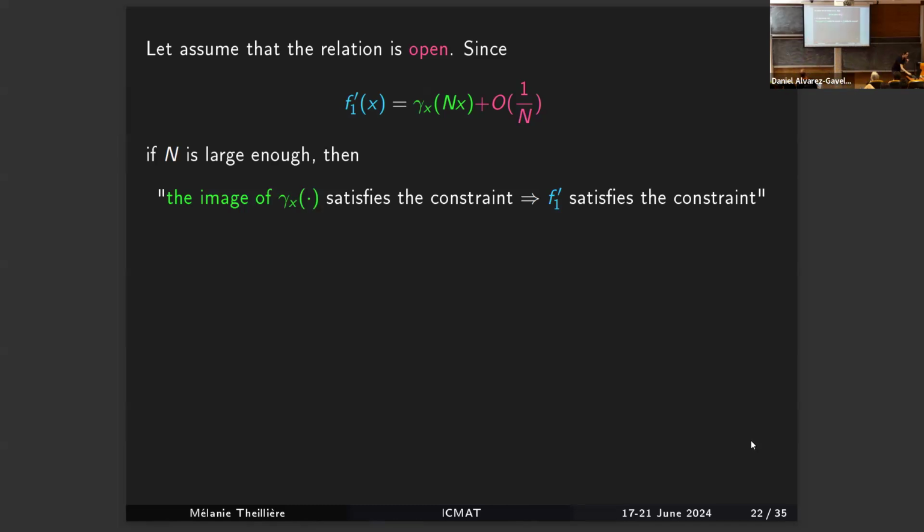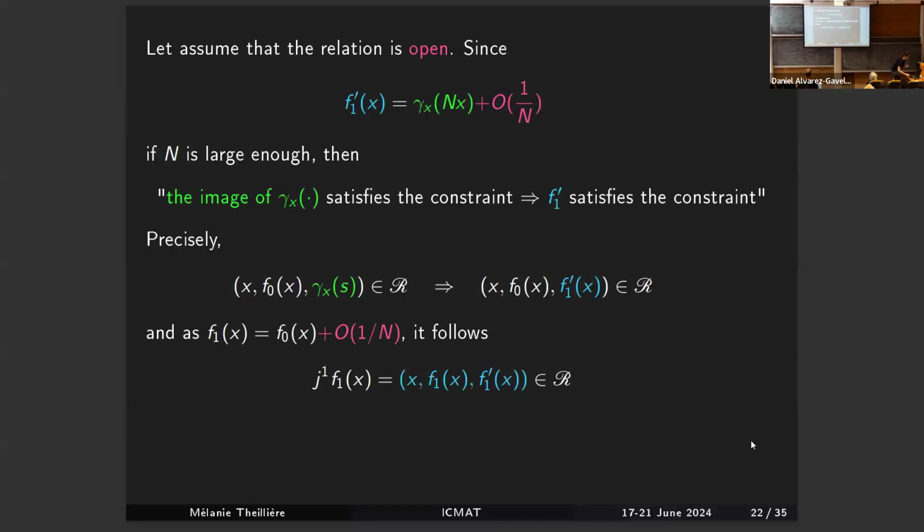This is what we want. Precisely, in the one jet space, it means that if the triple (x, f0, gamma of x) satisfies the constraint, then the triple (x, f0, the new derivative) satisfies the constraint. But here we are still at f0. We are not yet at the one jet of f1.